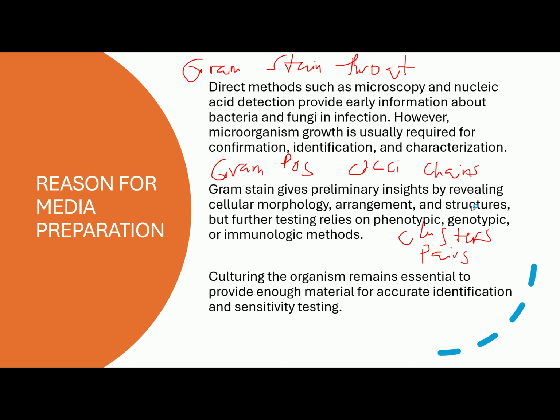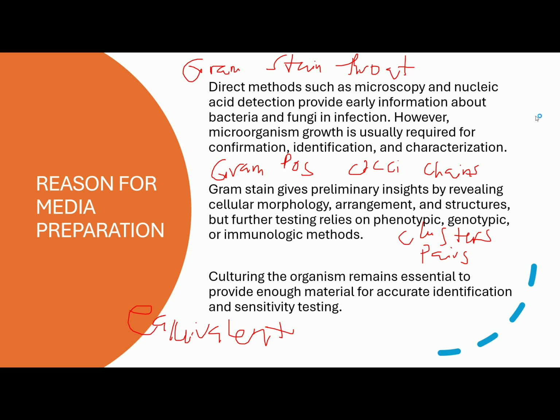Now, whenever doctors or we medical technologists report a Gram stain result, there is an equivalent, a corresponding bacteria. Let's say you reported in your Gram stain Gram-positive cocci in chains.